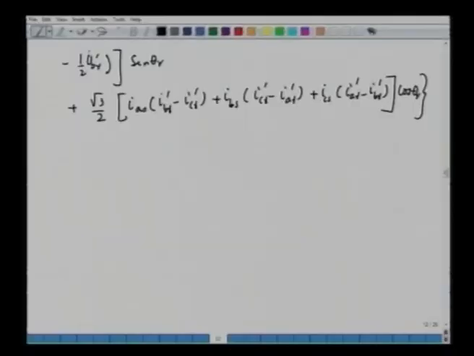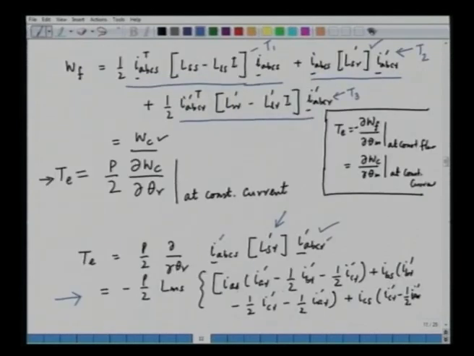As you can see here, we have a sin theta r component here, a cos theta r component here, and we have IAR prime, IBR prime, and ICS, the phase C stator current, IBS the phase B stator current, and IAS the phase A stator current. Similarly, this also contains the rotor currents and the stator currents, and this is a little complex.